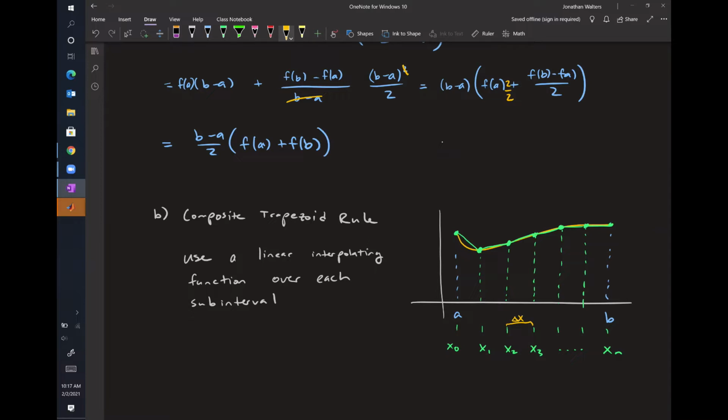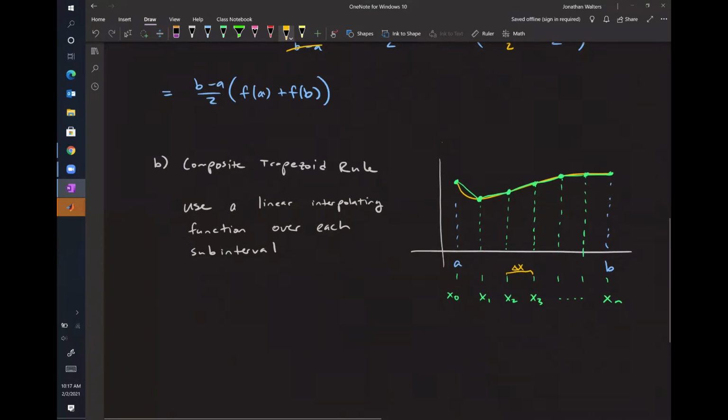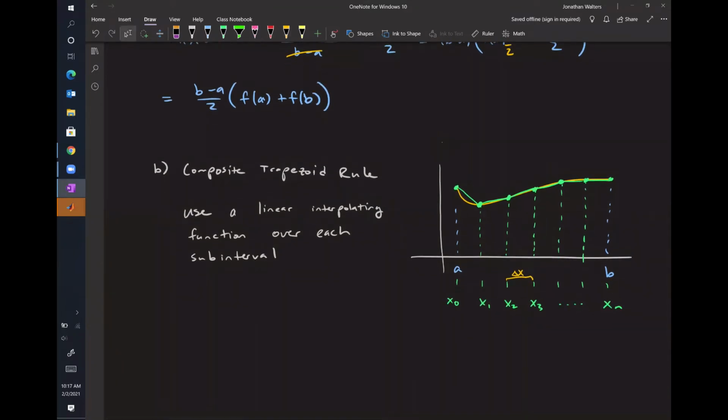The spacing between these consecutive points in the subintervals is delta x. So delta x is going to be equal to b minus a over n, where n is the number of subintervals, or the number of trapezoids that you're going to use.